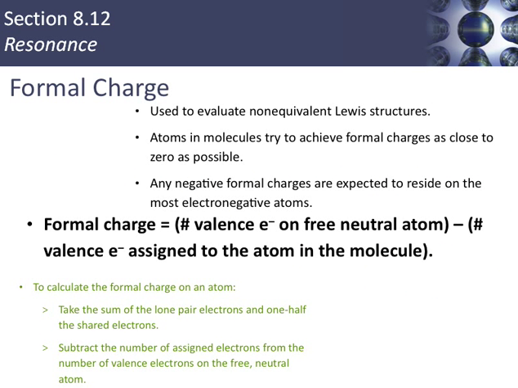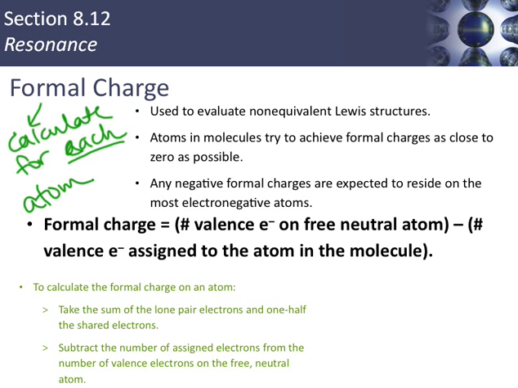The way you figure that out is calculating something called formal charge. Formal charge is an actual calculation you have to do for each atom. So for CO2, we have to calculate 3 formal charges, one for each atom, for 1 C and for 2 O's. We use it to evaluate non-equivalent Lewis structures, so there's no need to do formal charge in that first example.